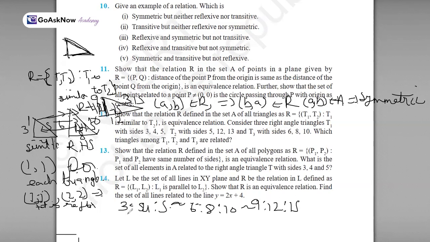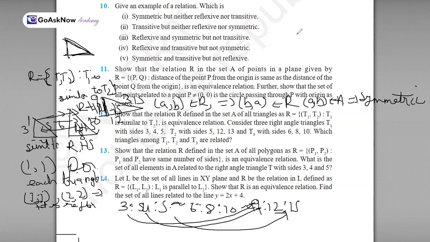It is obvious that 3, 4, 5 is also similar to 9, 12, 15 because the sides are multiplied by some factor. 4 is multiplied by 3 to give 12, and 5 is also multiplied by 3 to give 15. So it is obvious that the first is also related or similar to the third one.